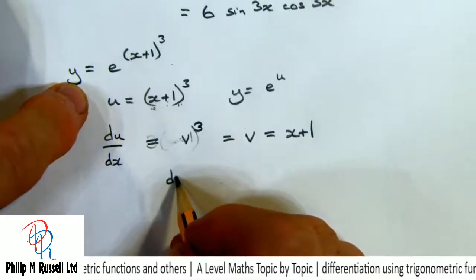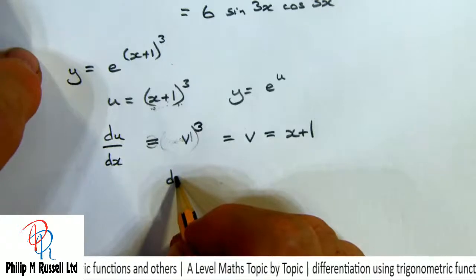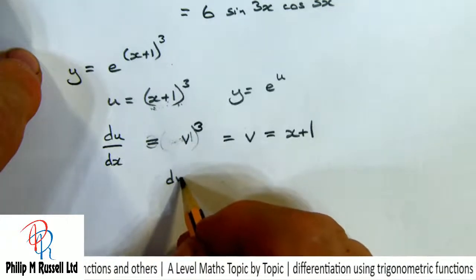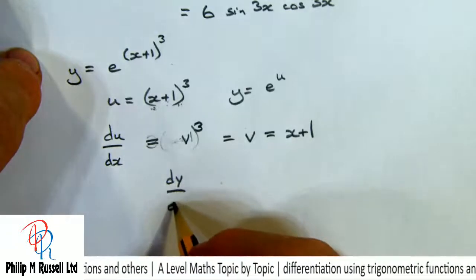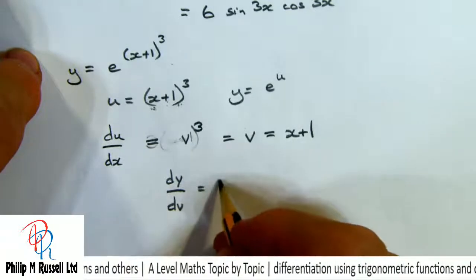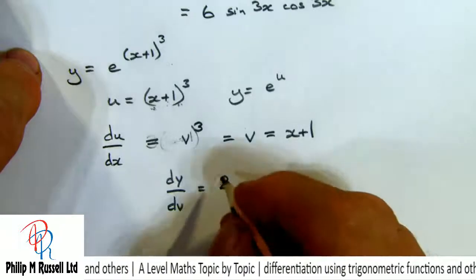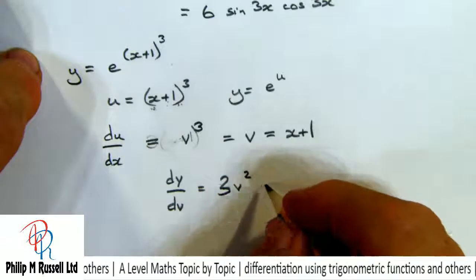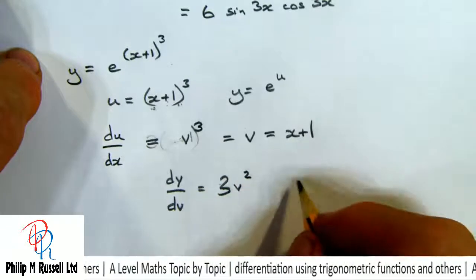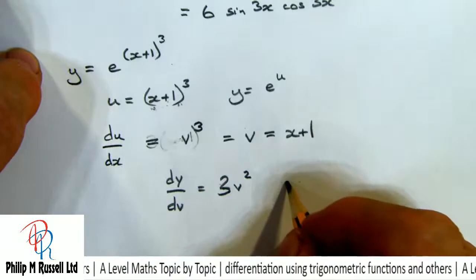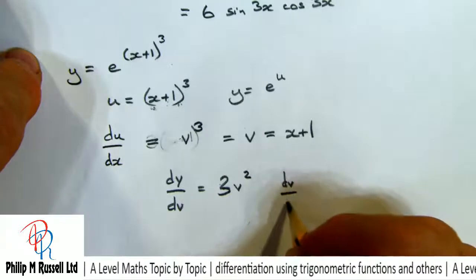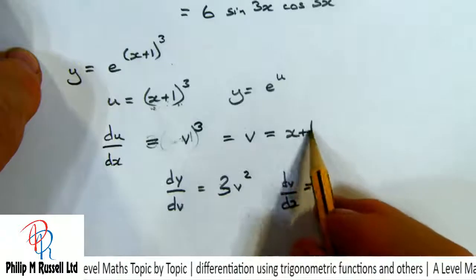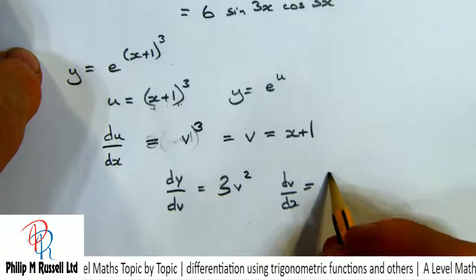If I want to do this one, dy by dv is going to give me 3v squared, and dv by dx, when I differentiate x plus 1, is just going to give me 1.